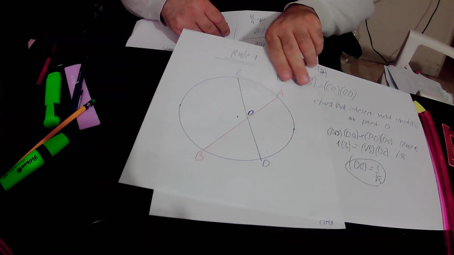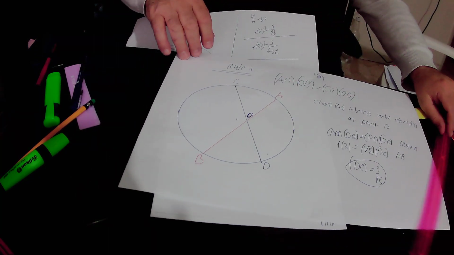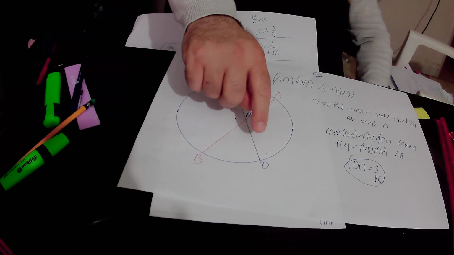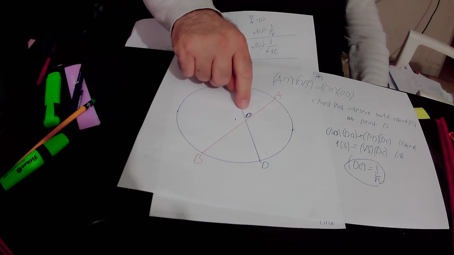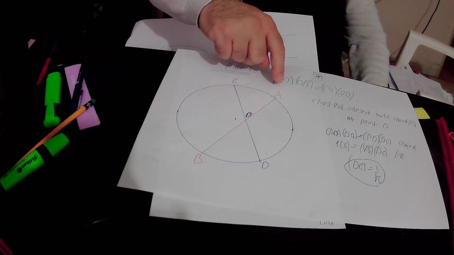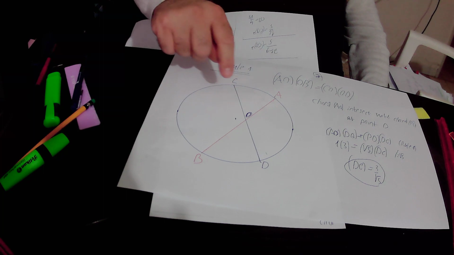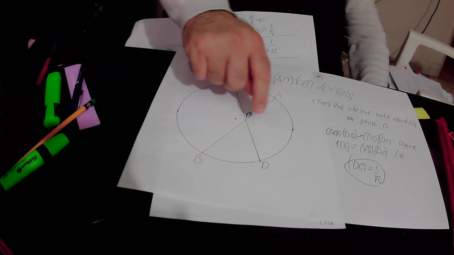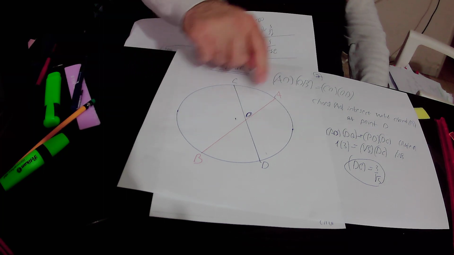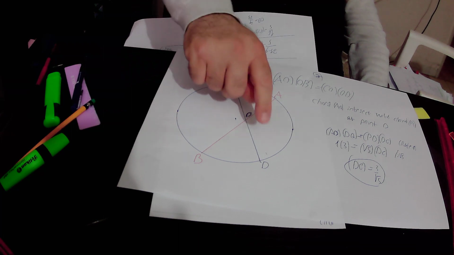According to rule number 1, if chord AB intersects with chord CD at point O, then AO times OB equals CO times OD. Again, AO times OB equals CO times OD.